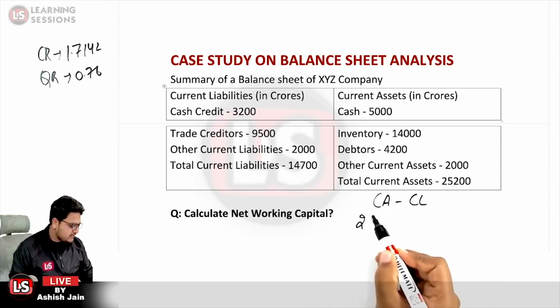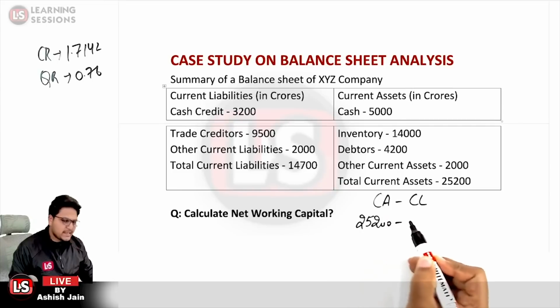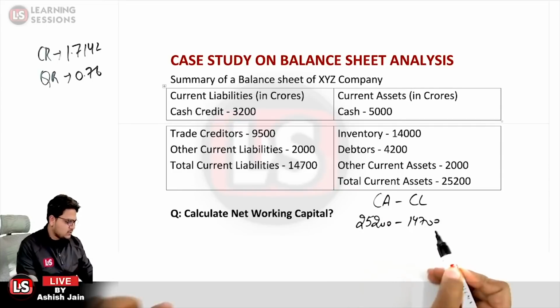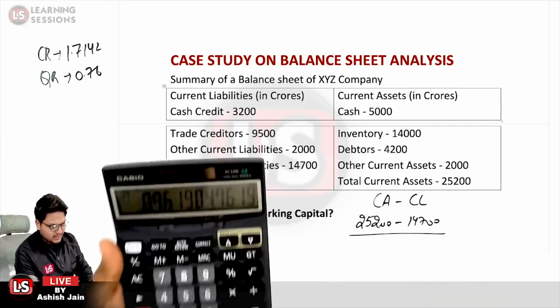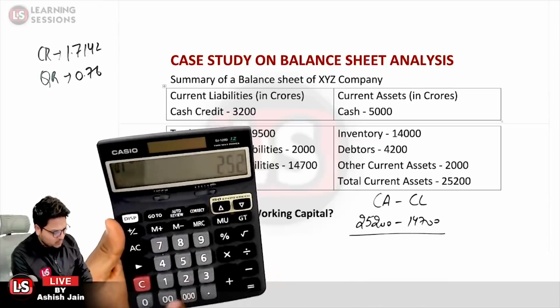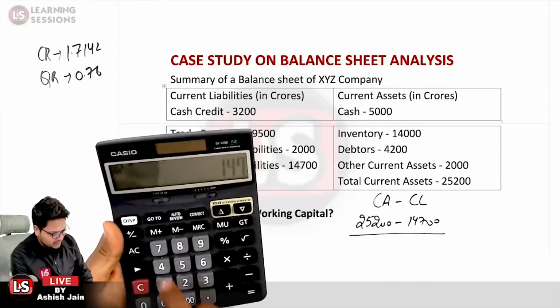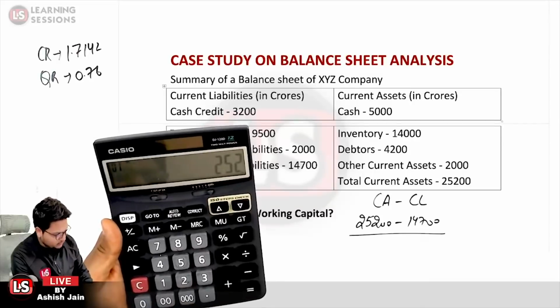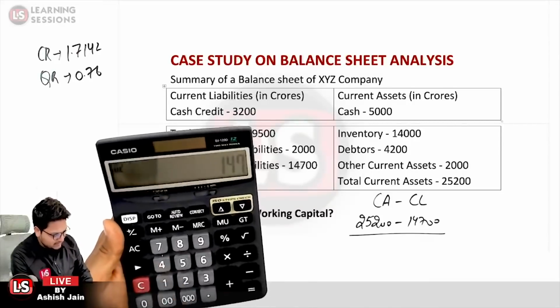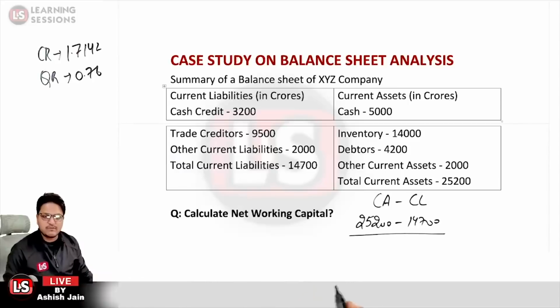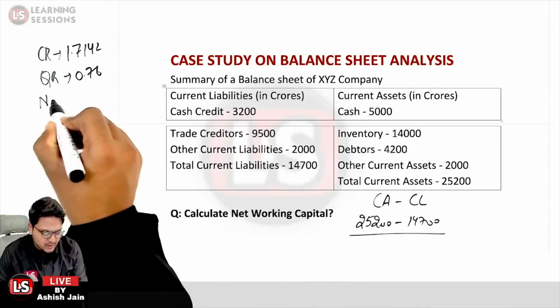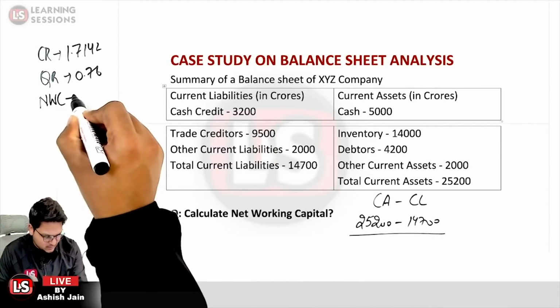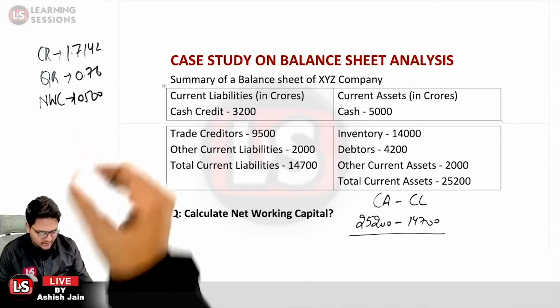The current assets we are having 25200, the current liabilities we are having 14700. That is the net working capital. So 25200 minus 14700, let me calculate it again, that is 10,500. I'm just writing it over here. Net working capital is equal to 10,500 over here.